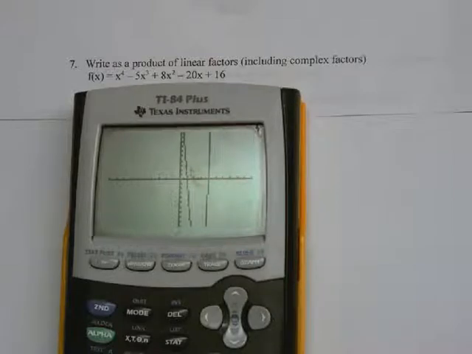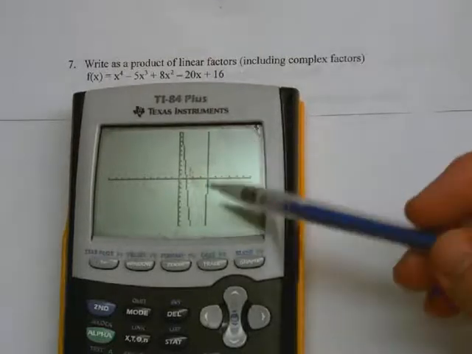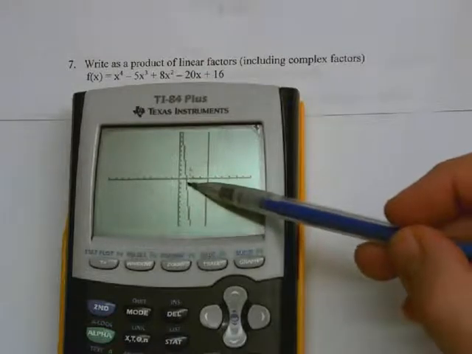Okay, so looking at our graph, it looks like we might have zeros at 1 and 4.